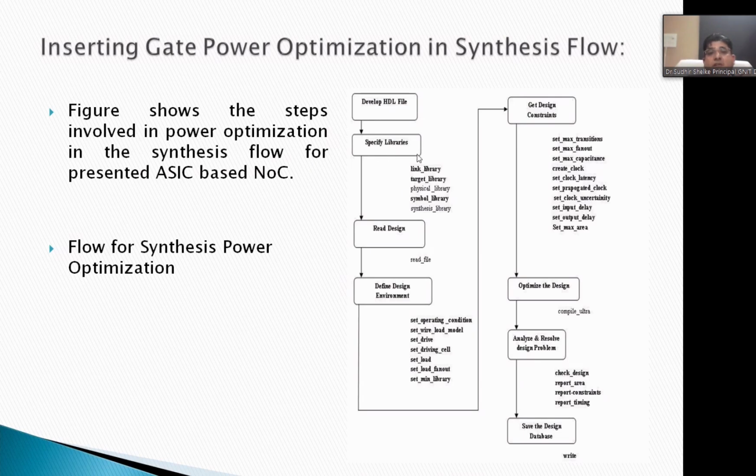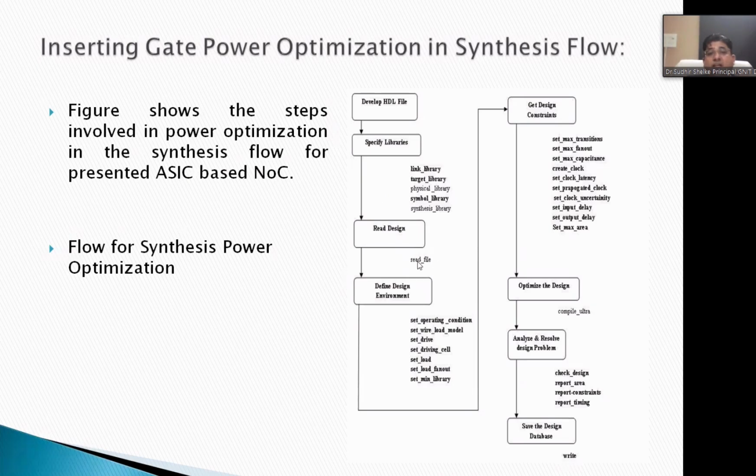So for the synthesis power optimization flow, this is the HDL file, and it has to be given to the library. We have to set the library accordingly. We have a number of libraries available: link library, target library, physical library, symbol library, and synthesis library. This specific library is given to the design, that is, read design.